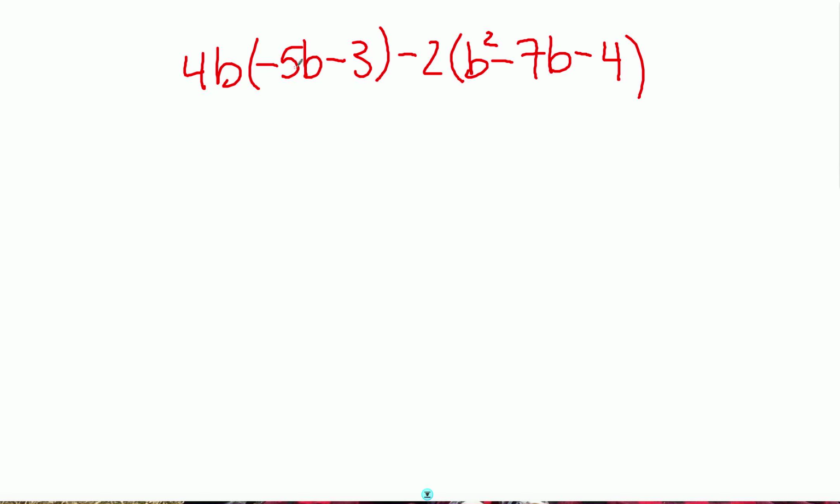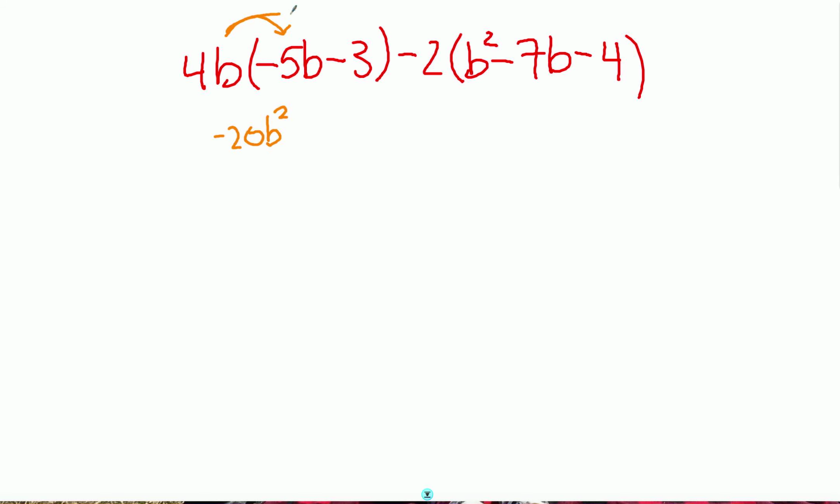Here we have 2 things we'll have to distribute. First, I'll take 4b times both of these terms. So 4b times negative 5b would be negative 20b squared.